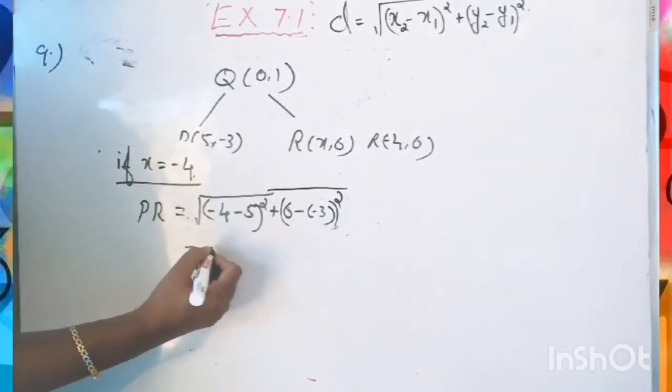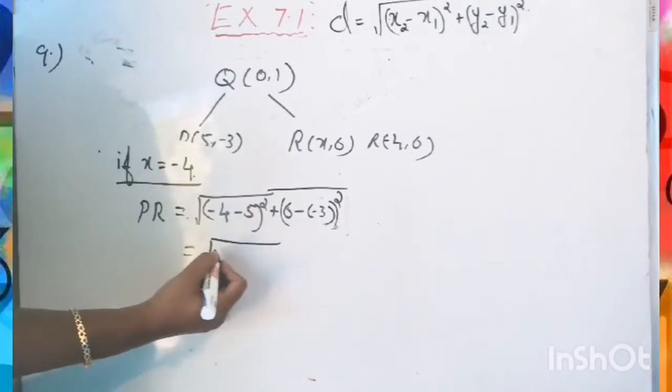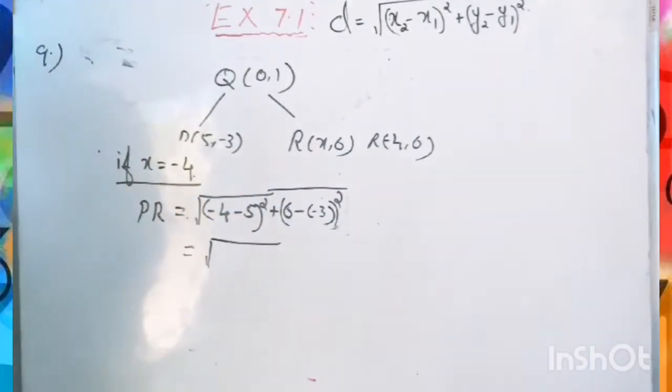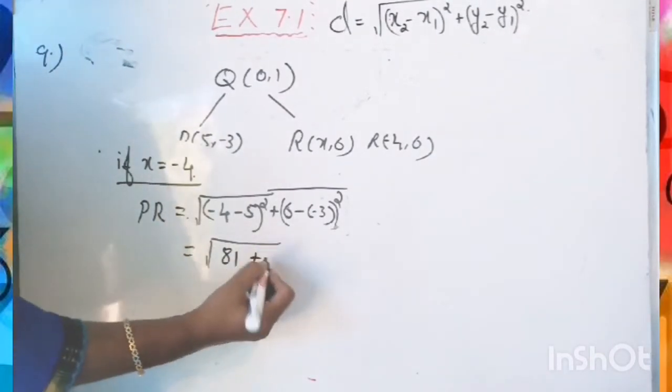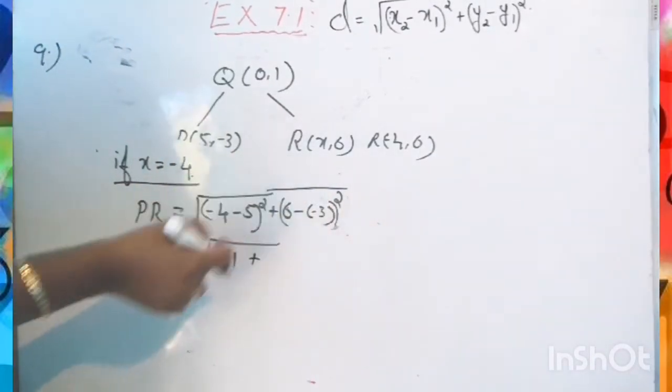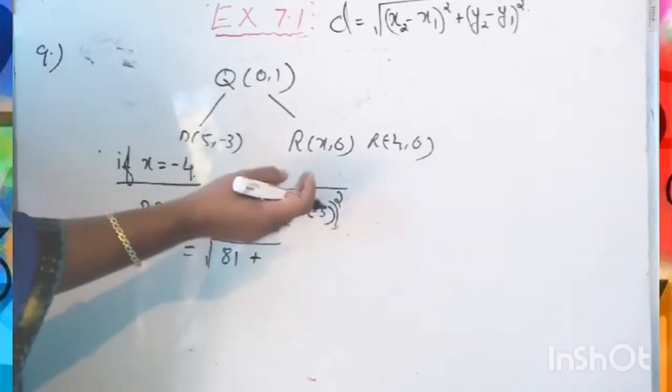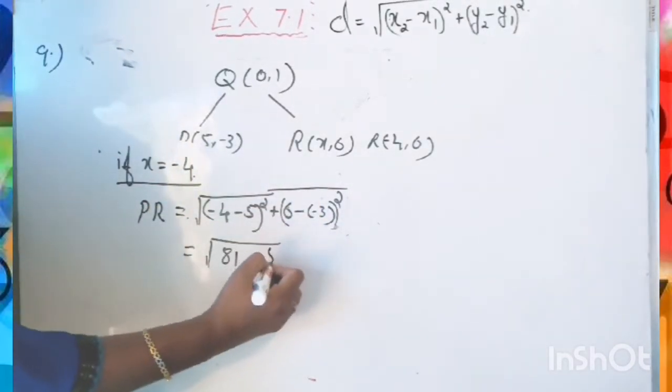That is equal to square root of (-4 minus 5) which is -9, 9 square is 81, plus 6 minus 3 becomes 9, 9 square is 81.